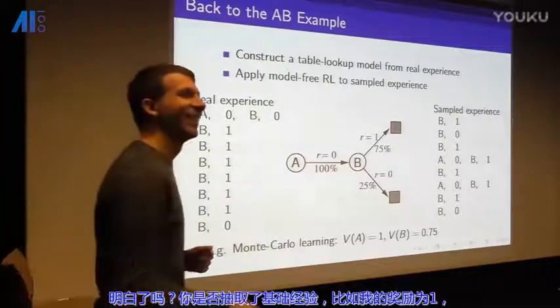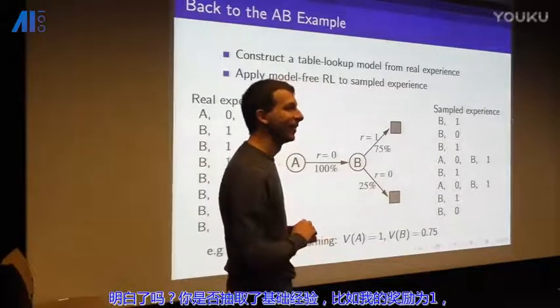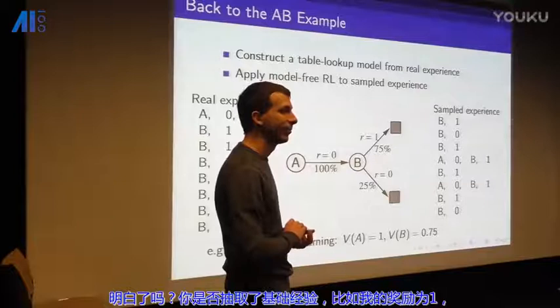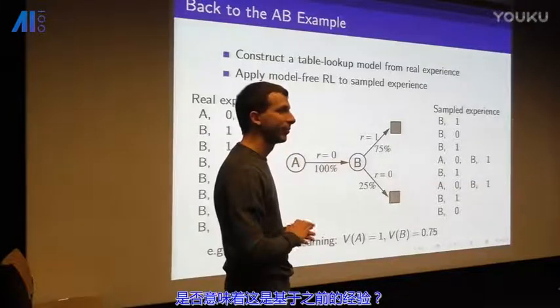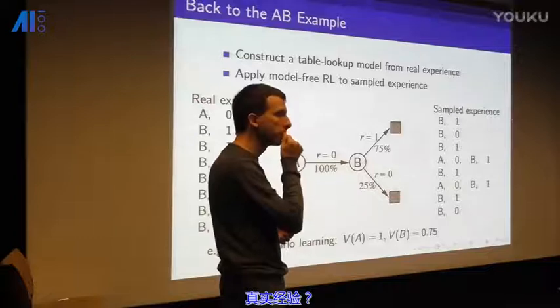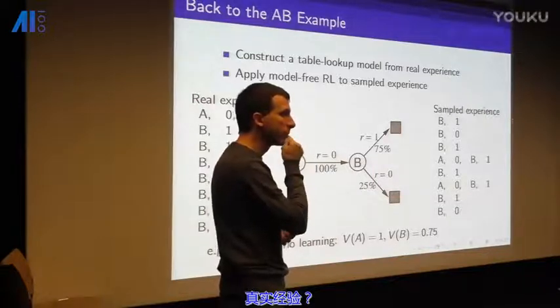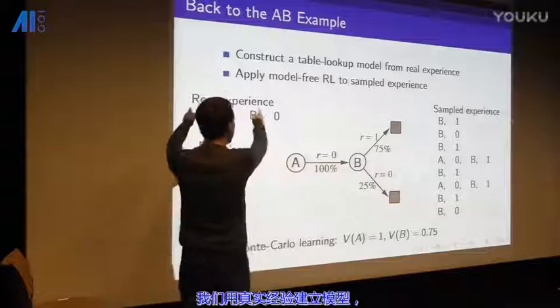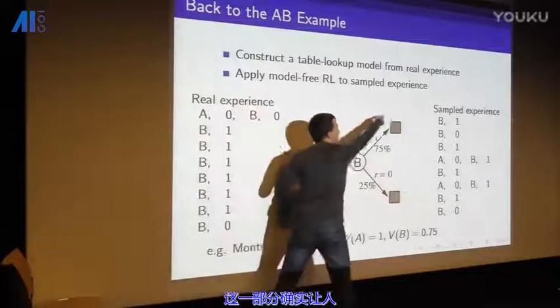No? Good. This sample experience, when you say I start from B and I got 1, does that mean that's based on your previous experience, the real experience? So we just used the real experience to learn this model here.